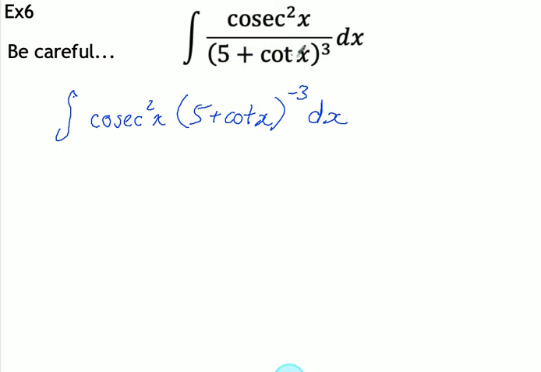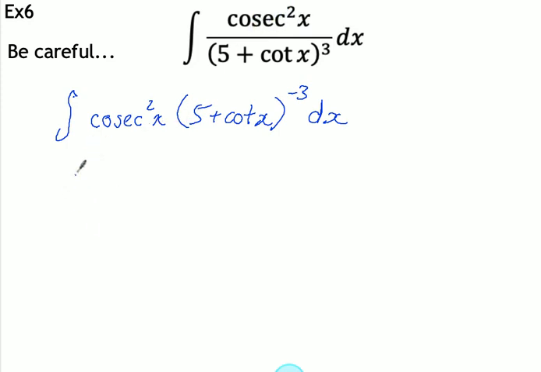Now, 5 plus cot x, differential of that, does give me something that's related to cosec squared x. But if I differentiated the denominator as a whole, it wouldn't give me something like that.